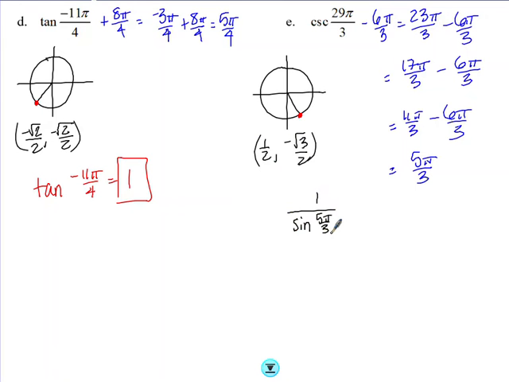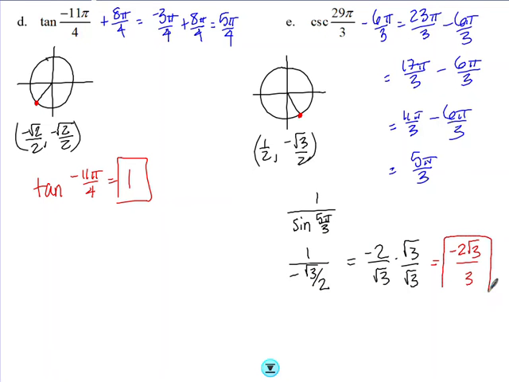Sine is the y value, so I have 1 over negative square root of 3 over 2, which gives me negative 2 over square root of 3. I need to rationalize the denominator, so I get negative 2 square root of 3 over 3 as my final answer.